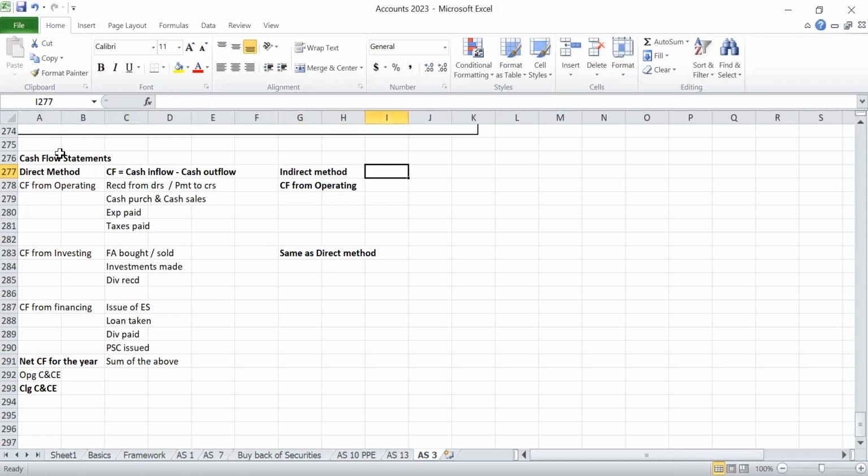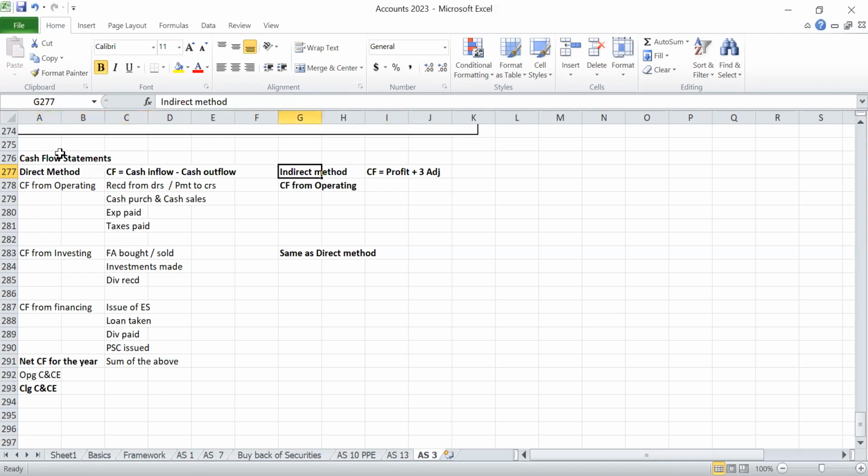Under indirect method, what is the cash flow? Profit plus adjustments. You have to make adjustments to profit to get the cash flow from operating activity. Clear? In the direct method, you compute total cash inflow and total cash outflow, and the net is the answer.